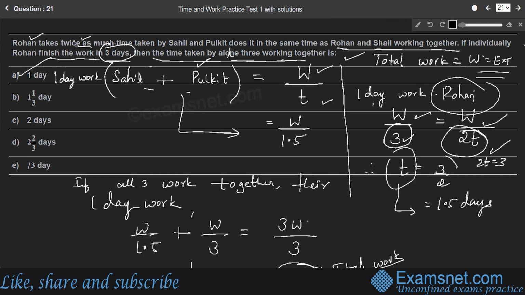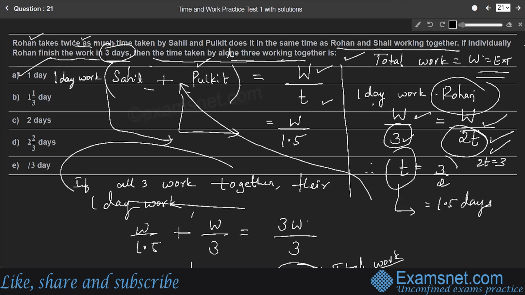So T becomes 1.5 days, which is the time taken by Sahil and Pulkit, because 2T is the time taken by Rohan, whereas T is the time taken by Sahil and Pulkit. Therefore, their one day work becomes W by 1.5. If all of them work together, their one day work becomes 3W by 3, which is W itself. Their one day work becomes the whole total work, therefore they take one day to complete the whole work. Option A is the right answer.